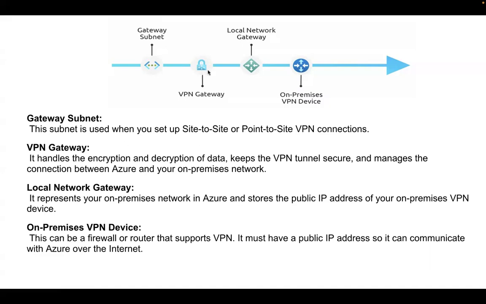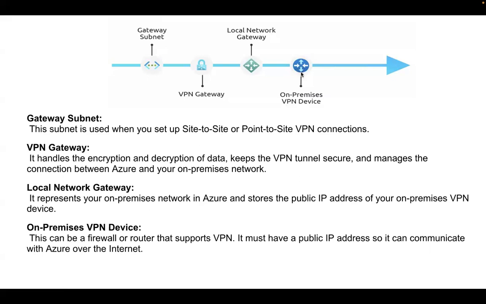After this, there is a third one, the local network gateway. This is one configuration which takes the IP address of your on-premise device from you. It represents your on-premise network in Azure and stores the public IP address of your on-premise VPN device.